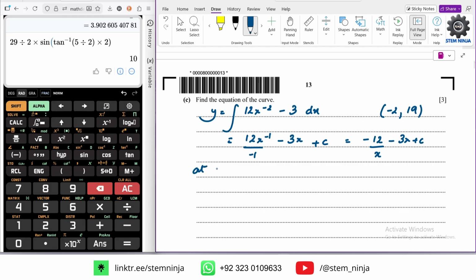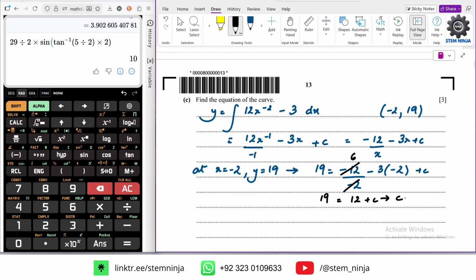This becomes minus 12 over x minus 3x plus c. So at x equal to minus 2, y equals 19. So 19 is equal to minus 12 over minus 2 minus 3 times minus 2 plus c. So this is just simply 6. 6 plus 6, 12 plus c, 19.